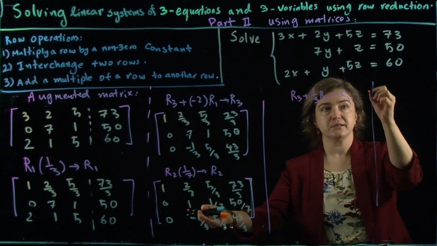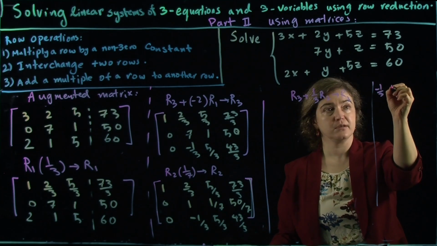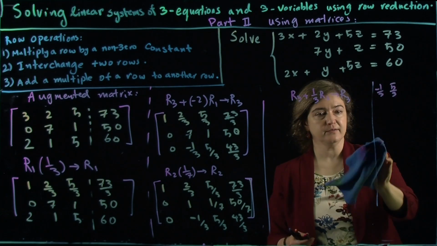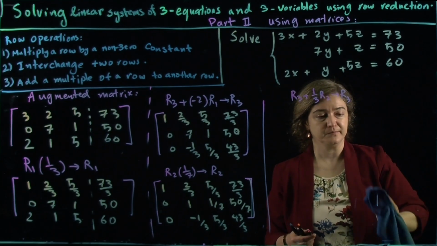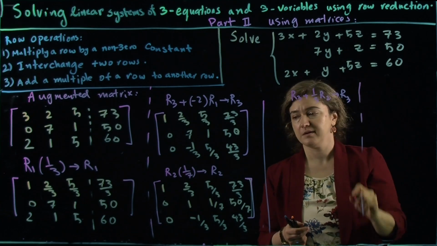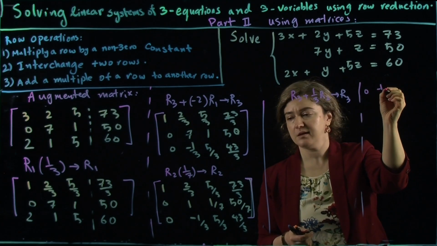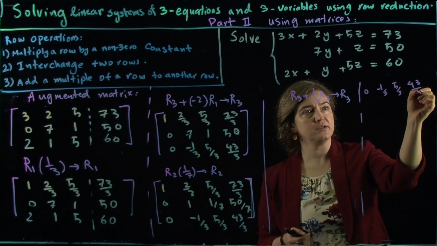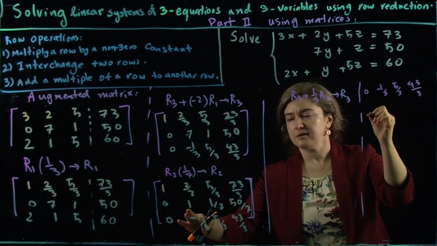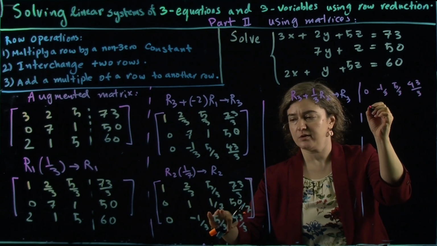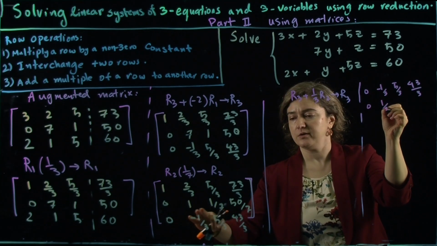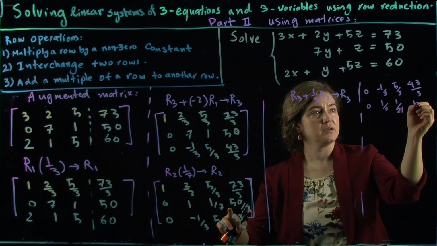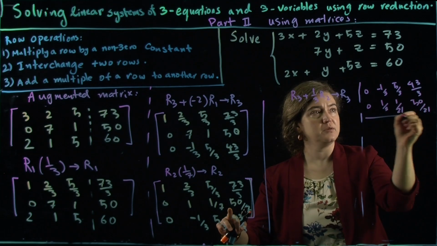So row 3 is 0, negative 1/3, 5/3, 43/3. 1/3 times this row: 0, 1/3, 1/21, 50/21.